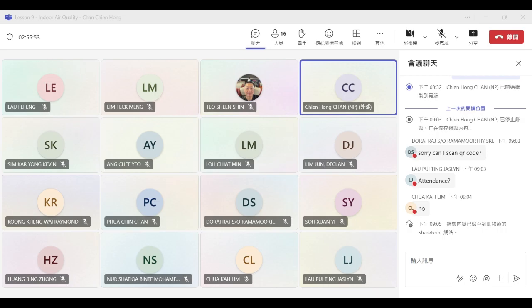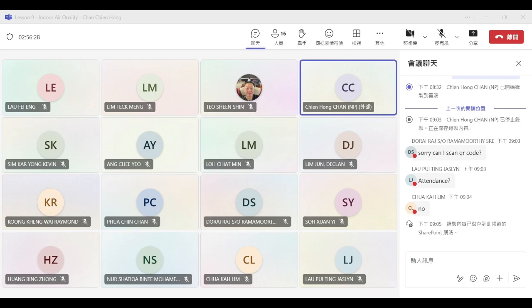Attendance class number 98. Okay, this QR code that I'm going to show is for the class including Durai, Ping Zhong, Feng, Jaslyn, Chapming, Chin Chan, and Xin Xin.